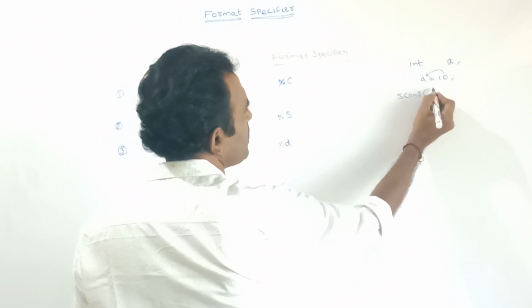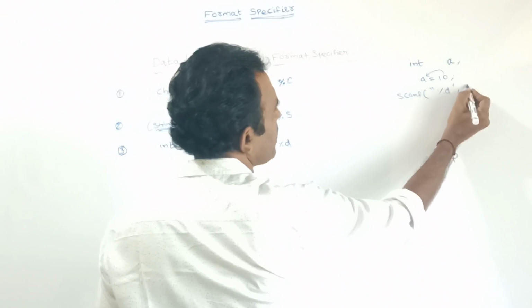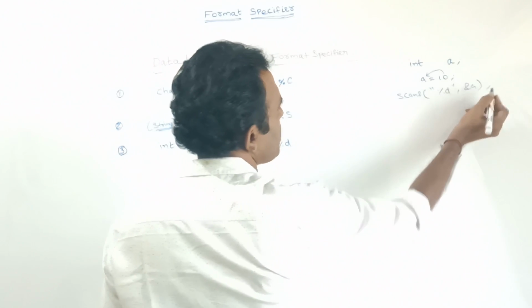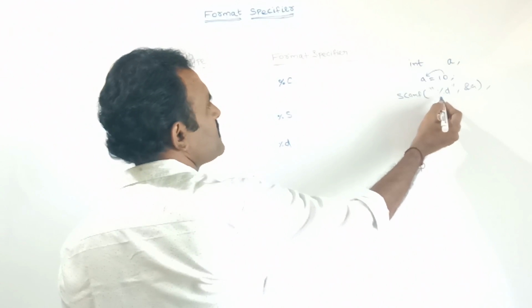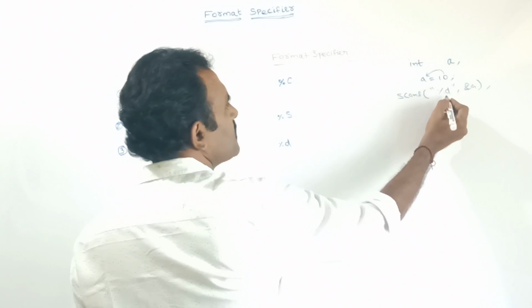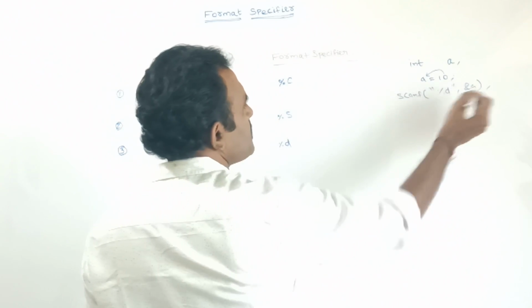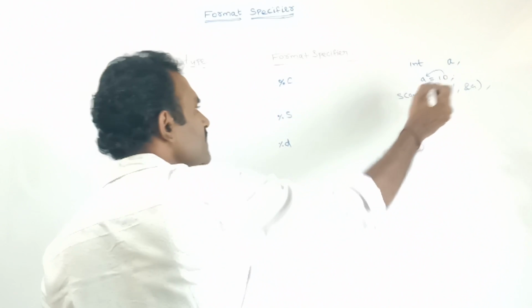In scanf, the format specifier percentage %d, after that the variable name a. The format specifier for integer is percentage %d. So the first parameter is percentage %d and the second parameter is the variable name.